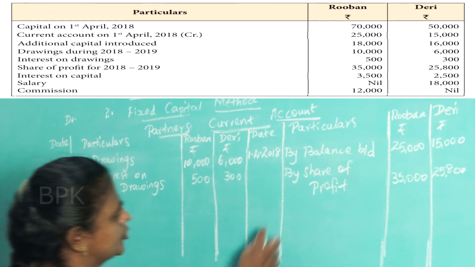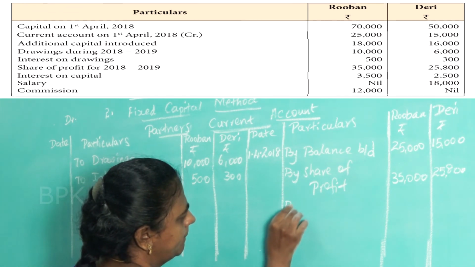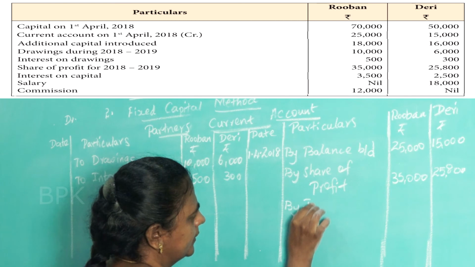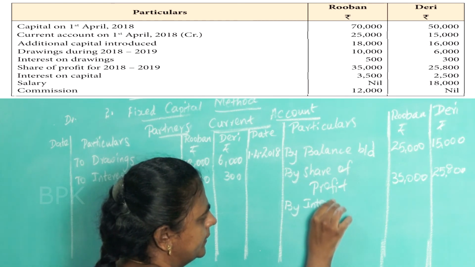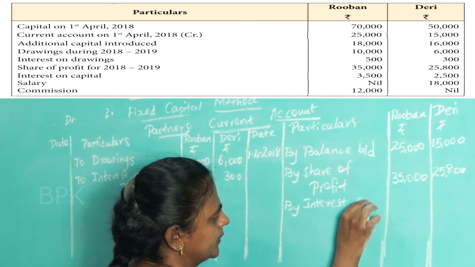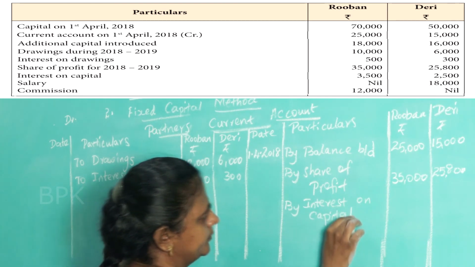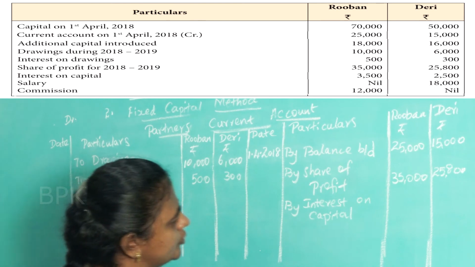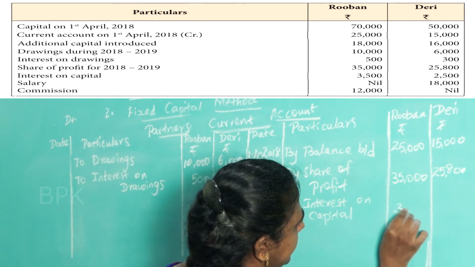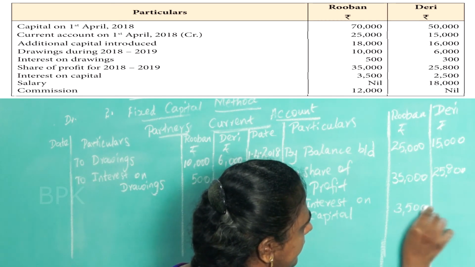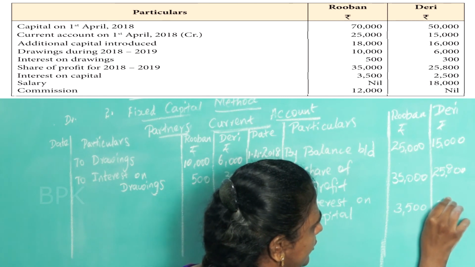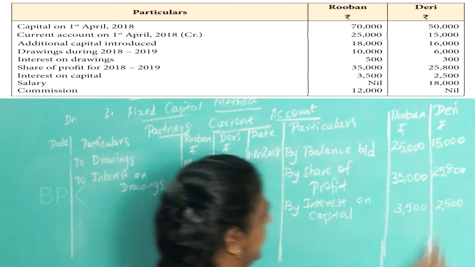Next, interest on capital, by interest on capital. How much is that? 3,500, 2,500.